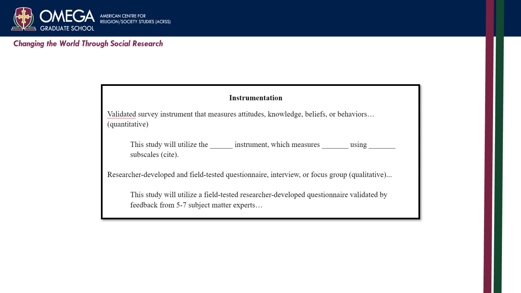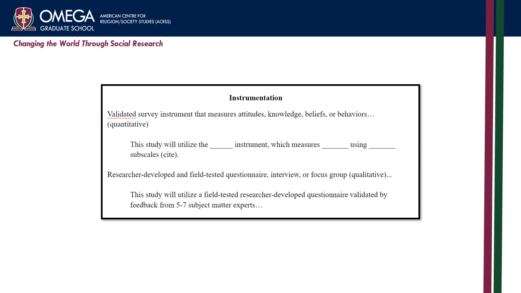In your prospectus, you will also preliminarily state the intended instrumentation that you will use for your study. For quantitative designs, we encourage you to use a validated survey instrument in the spirit of social science research that measures attitudes, knowledge, or beliefs, or even behaviors, and state that very clearly.